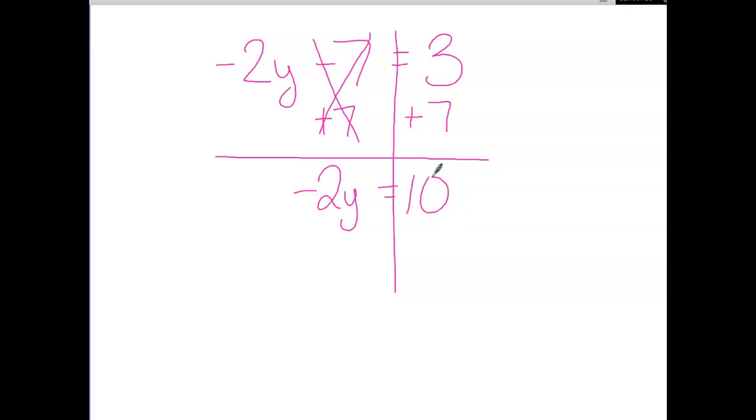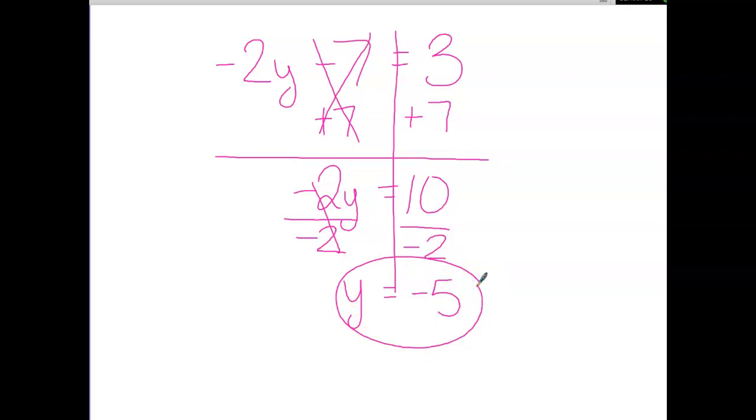All right, opposite operation. Negative 2 and y are multiplied, so the opposite is division. I divide by a negative 2. Y equals 10 divided by negative 2. A positive divided by a negative is a negative, and 10 divided by 2 is 5.